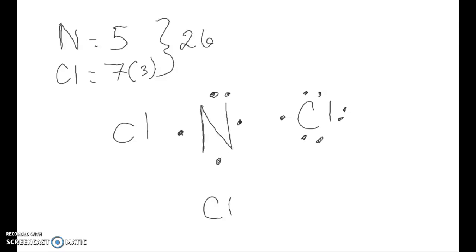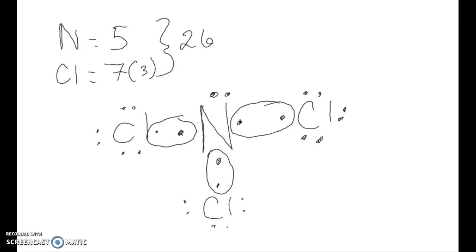I know that because it's a covalent bond, nitrogen and chlorine are going to share these two electrons. And I'm going to do exactly the same thing here: 1, 2, 3, 4, 5, 6, 7. Chlorine and nitrogen are going to share these two. And again 1, 2, 3, 4, 5, 6, 7, and chlorine is going to share those two.